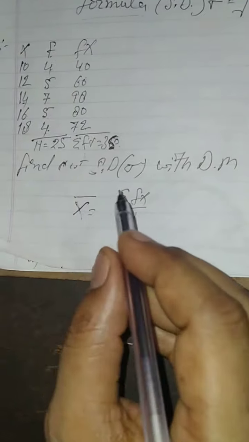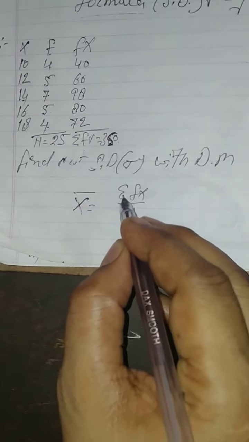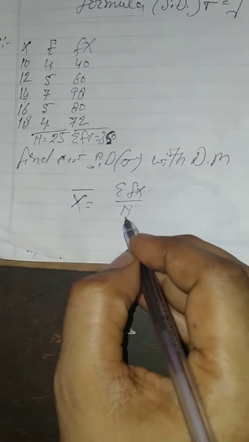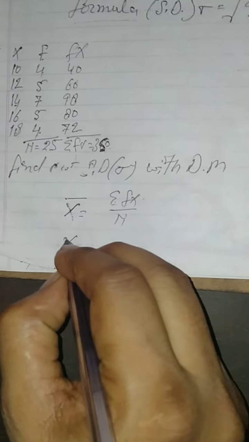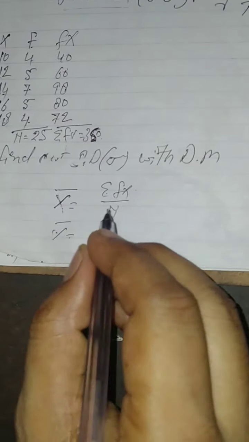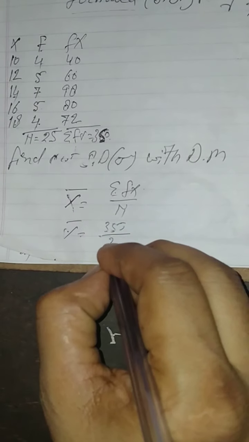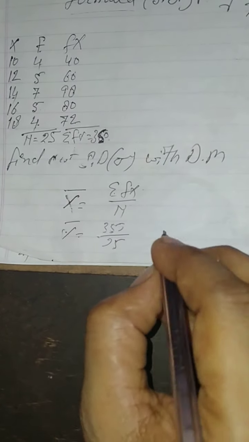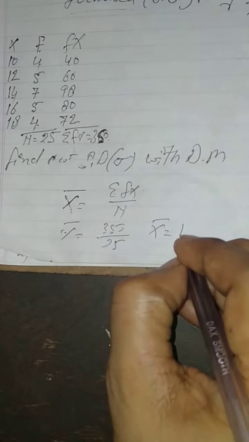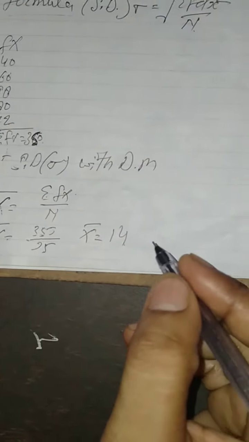After that, we apply the formula x bar is equal to summation fx divided by n. So x bar is equal to 350 divided by n 25, so x bar is equal to 14.